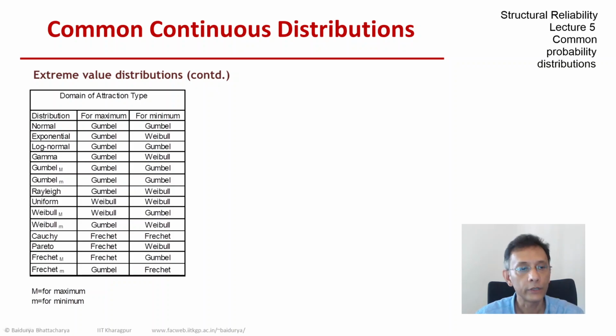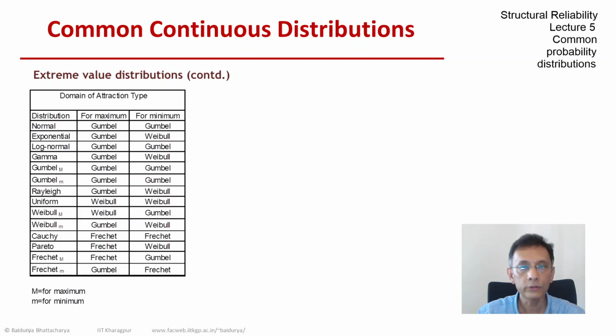And likewise for exponential, and so on. So this table gives the parent distribution on the left column and the asymptotic distribution for maxima and minima in the second and third column for common distributions that we see.